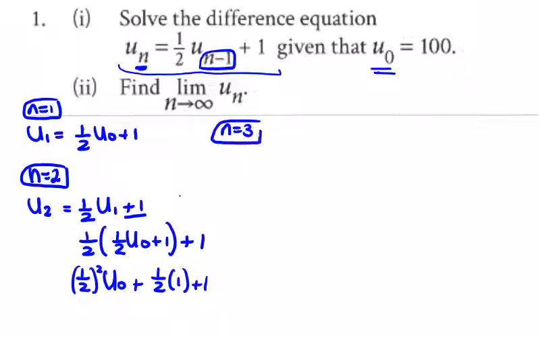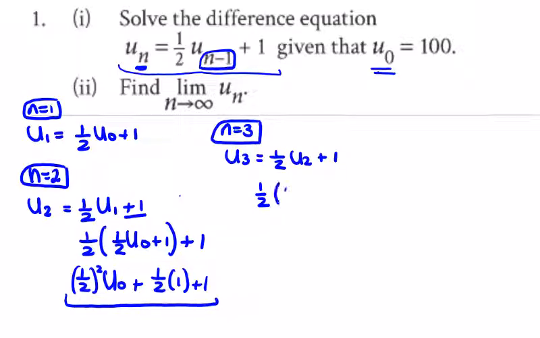Let's do n equal to 3. Then we can write out our pattern un. When n is equal to 3, we're going to get u3 is equal to a half of u2 plus 1, which is a half of u2, which is this whole expression, a half to the power of 2 times u0 plus a half times 1 plus 1.